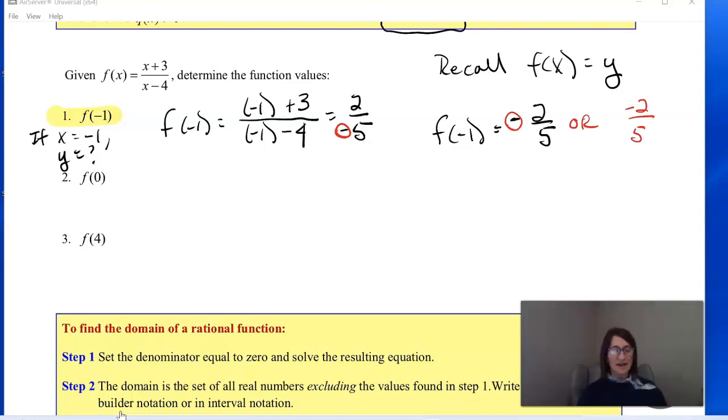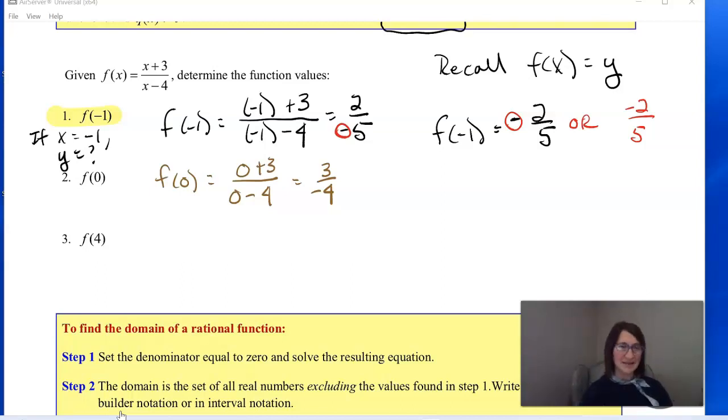Now let's look at the second problem, f of 0. For f of 0, we're going to substitute a 0 everywhere we see that x. That's going to give us 3 over -4. So f of 0 is equal to -3/4.